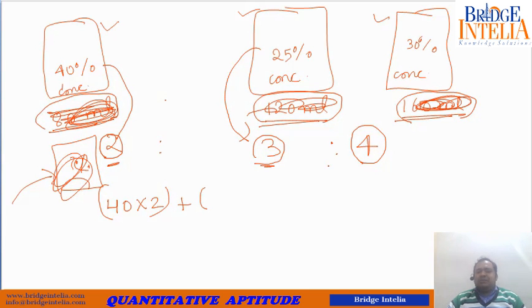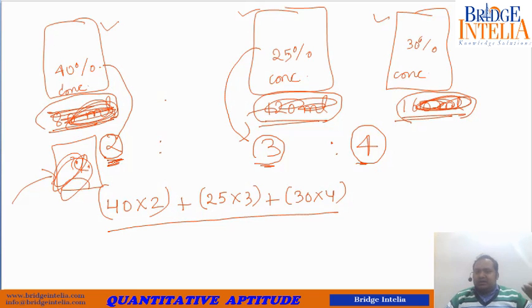Their ratio, 2:3:4, matters, and then we take the weighted average. So 40 into 2 plus 25 into 3 plus 30 into 4, divided by the total quantity which you have already converted into ratio, 2 plus 3 plus 4.